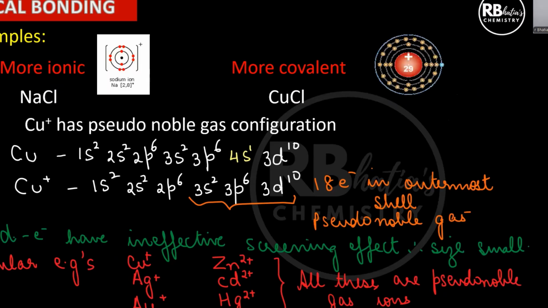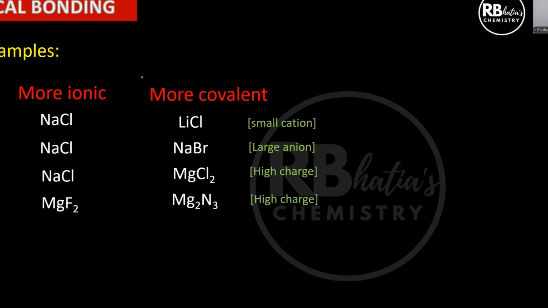Now, next we have examples of some compounds, more ionic, more covalent. First pair is sodium chloride and lithium chloride. Here, chloride is the same. Lithium being a small cation, this is more covalent. Then sodium chloride and sodium bromide, this time sodium is the same. So out of chloride and bromide, bromide being a large anion, this is more covalent.